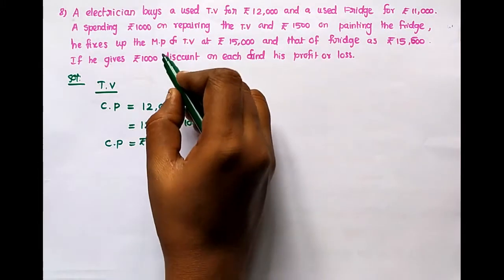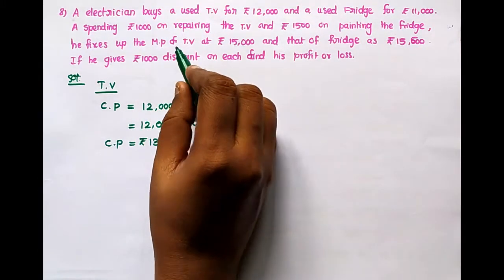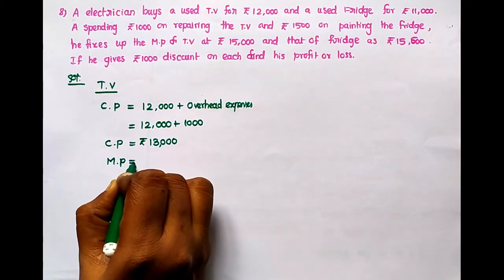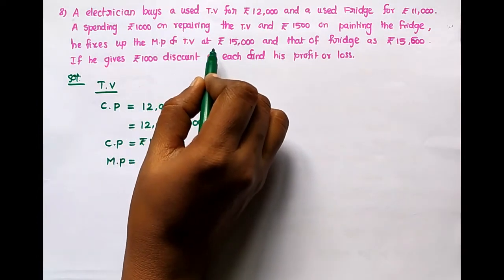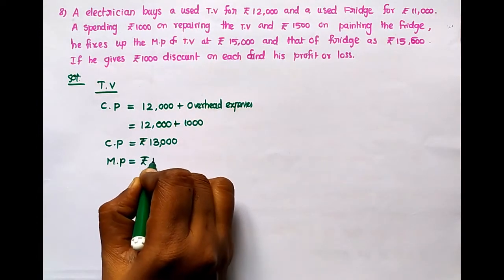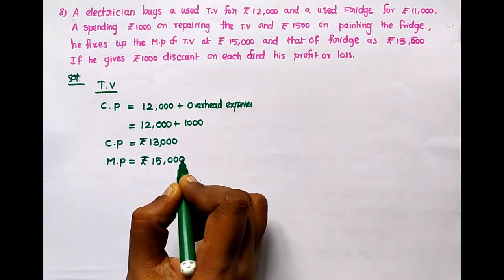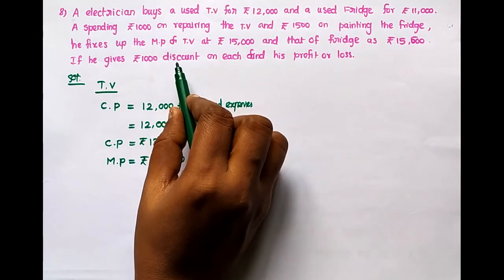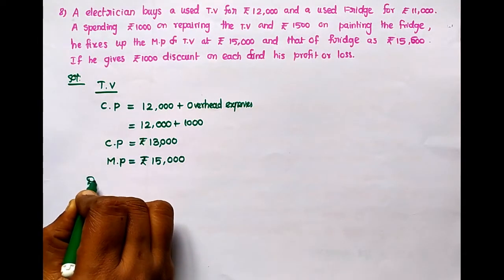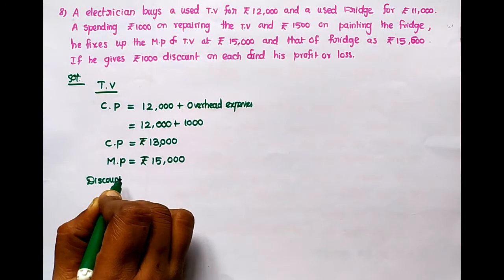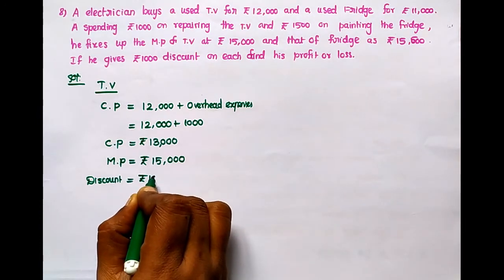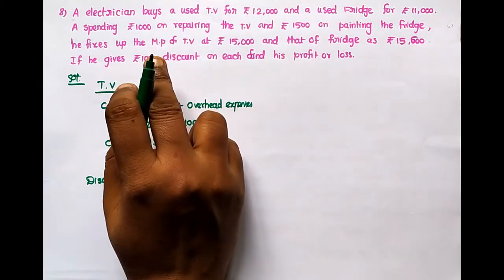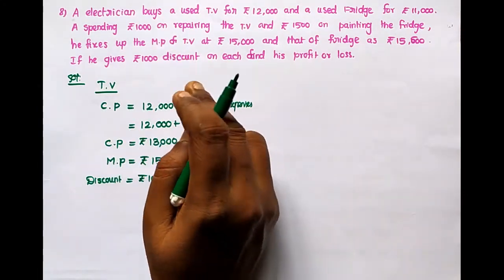And he fixes mark price. Mark price equal to fixed mark price of TV at rupees 15,000. And he wants to give discount also. Discount how much? Rupees 1,000 each. That means for TV also discount 1,000 and fridge also discount 1,000.